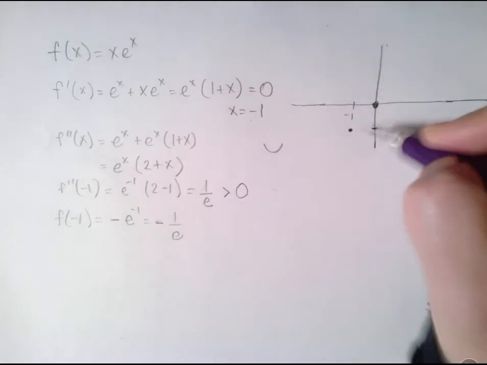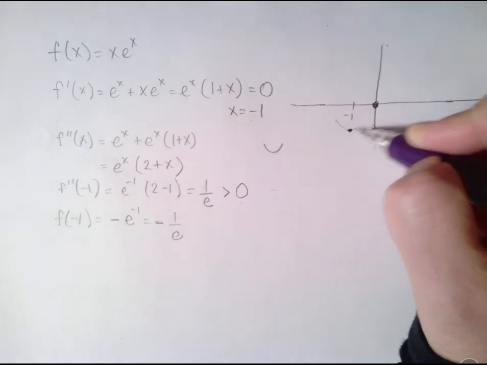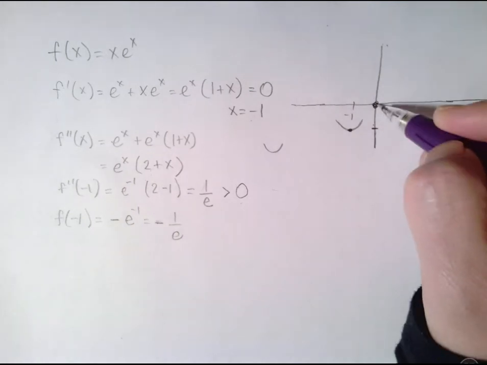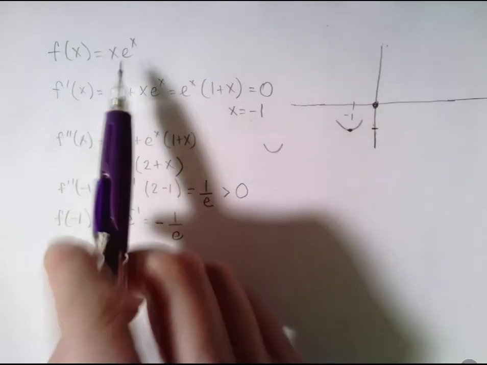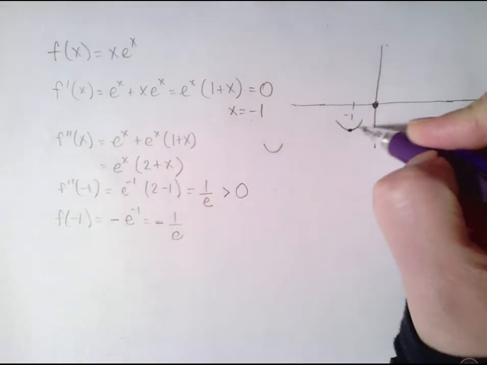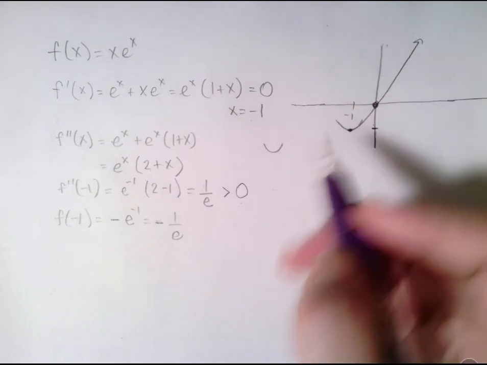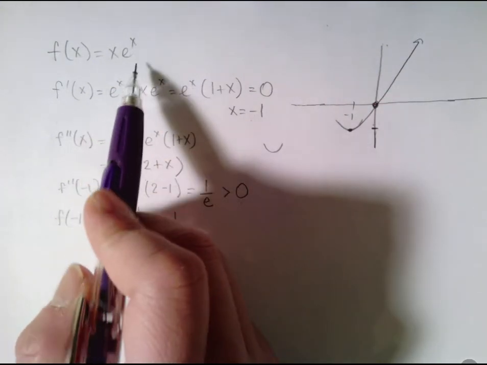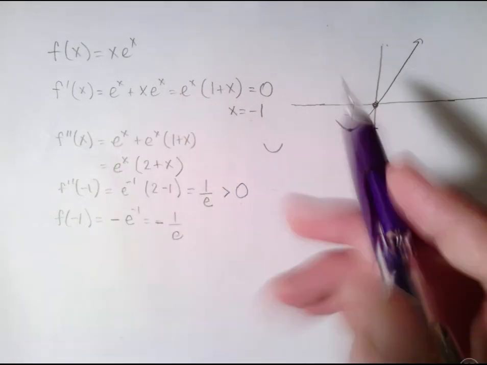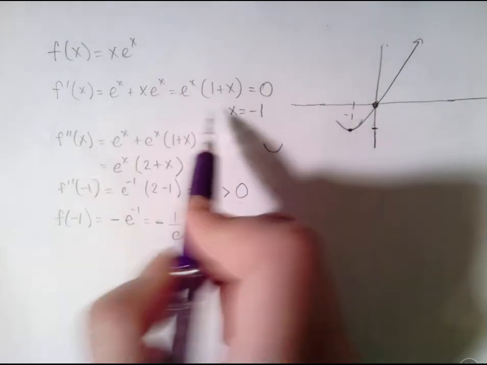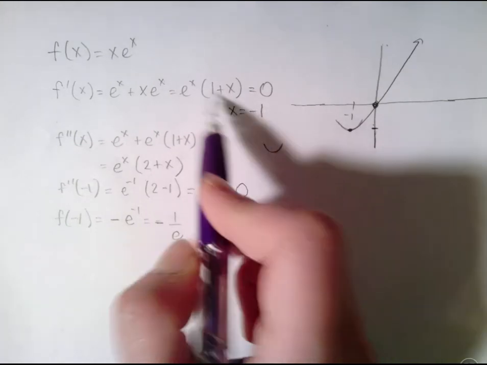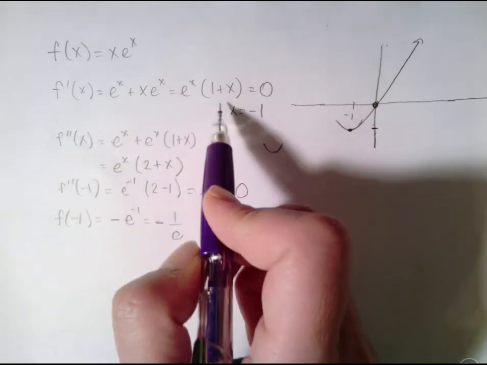Moreover, so we have this concave up. We know that the function goes through 0. Both these functions increase as x increases, right? So we know it's got to do something like that. Moreover, for values of x which are smaller than negative 1, the first derivative is negative.